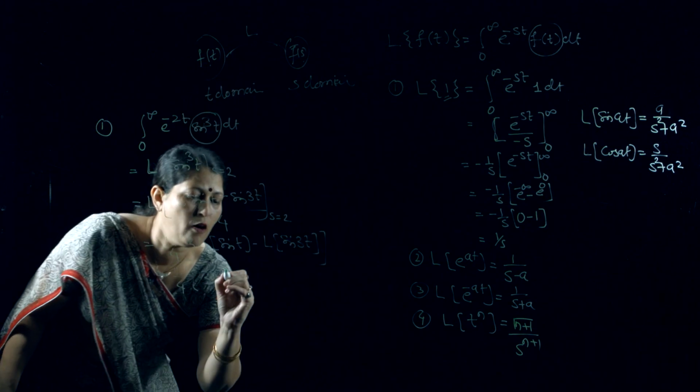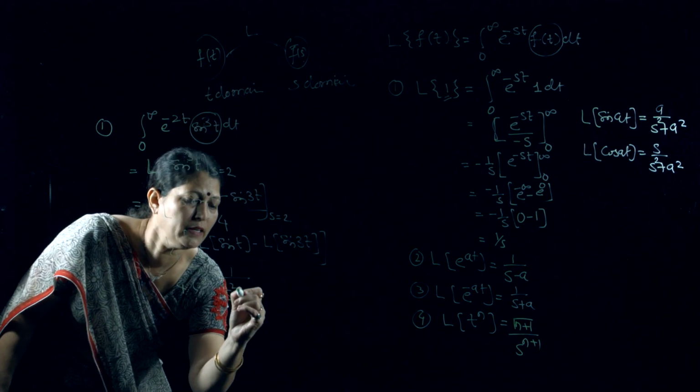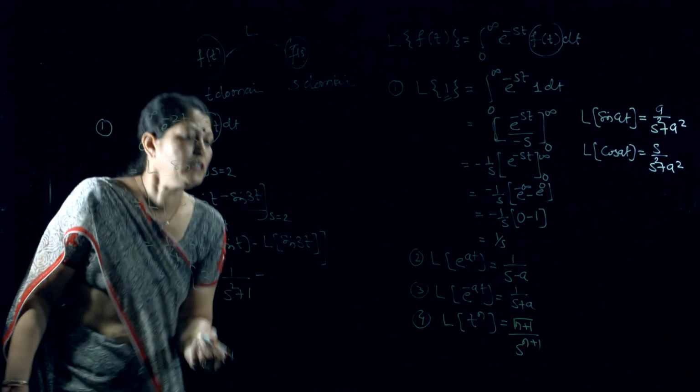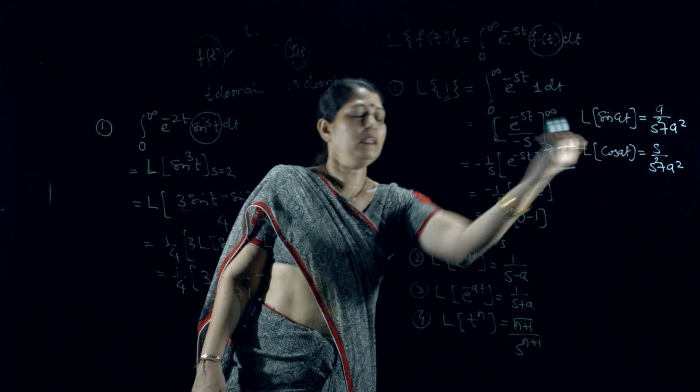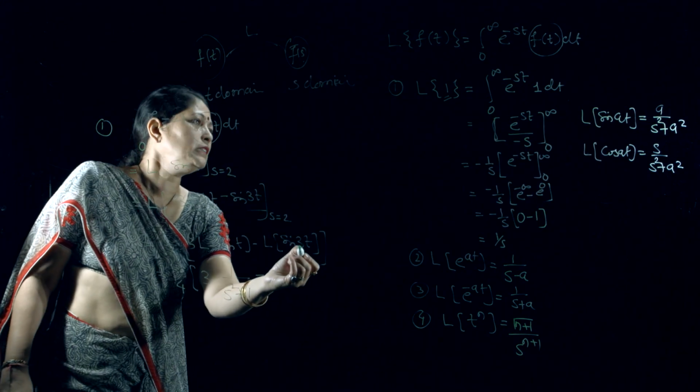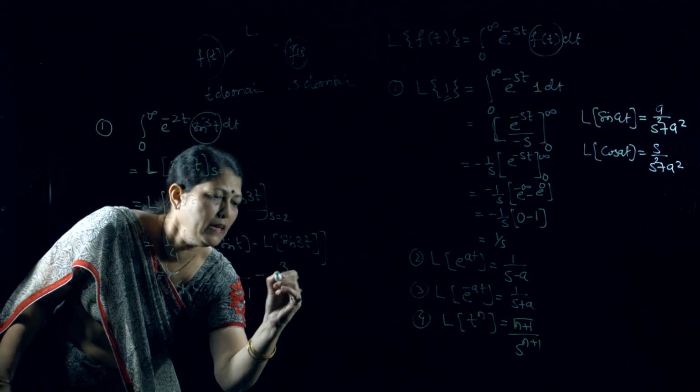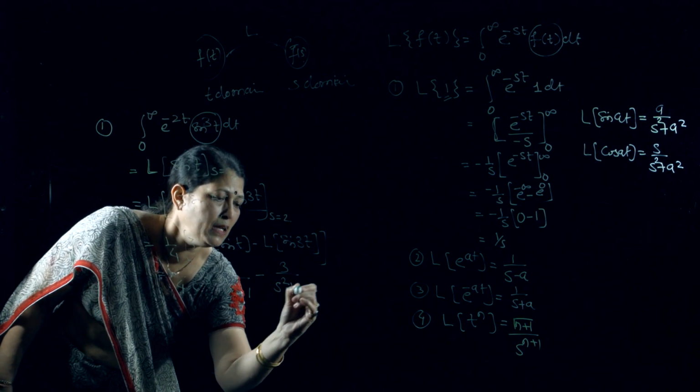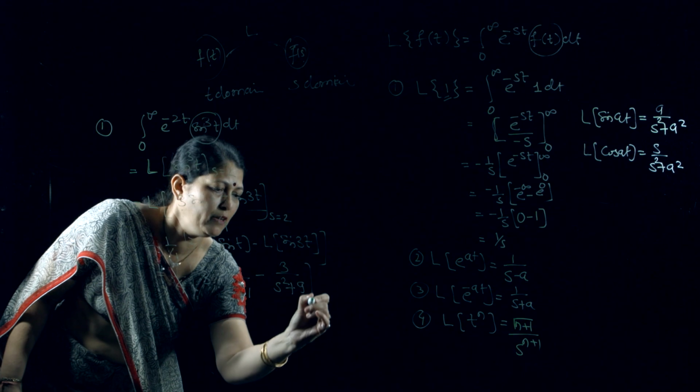So we have 1 upon s square plus 1 minus, now here sin at, a means 3 here, so that is 3 upon s square plus 9, that is a square. Okay.